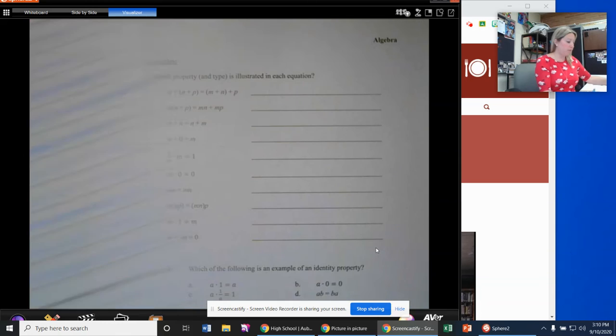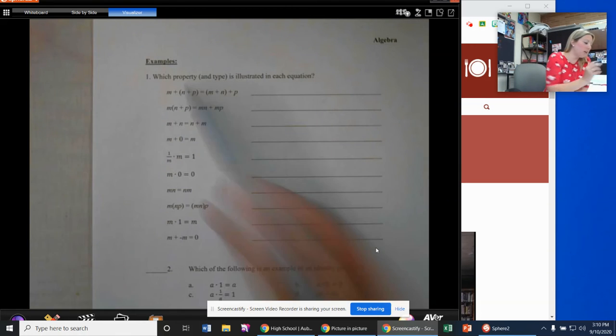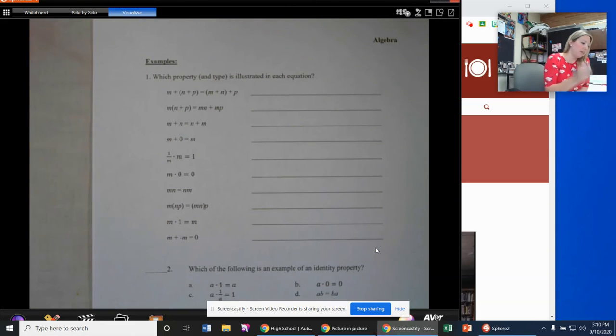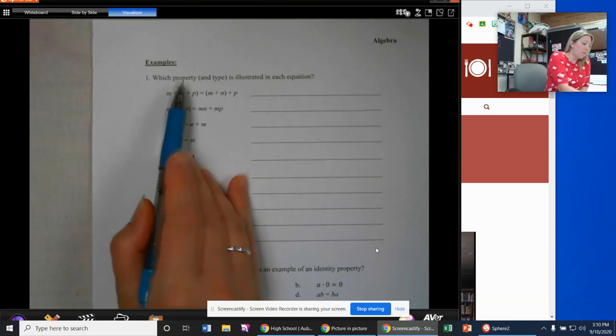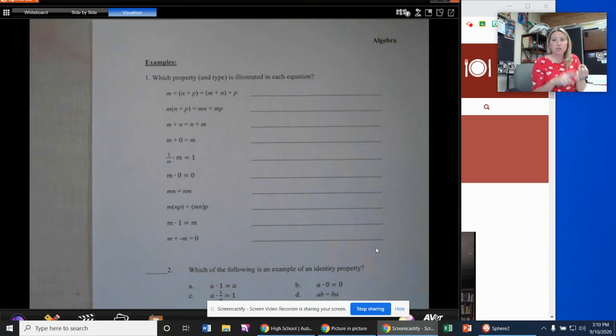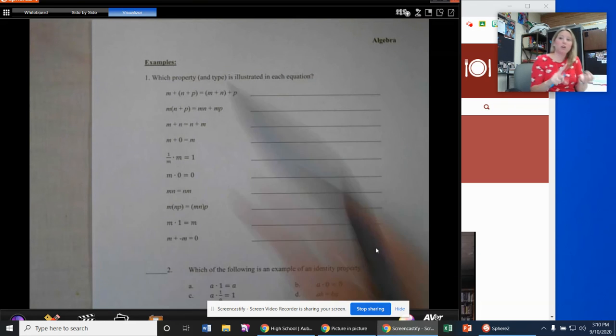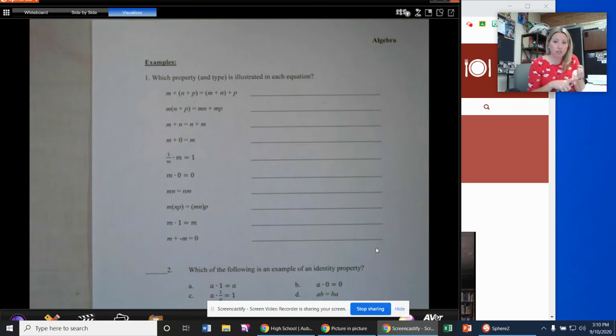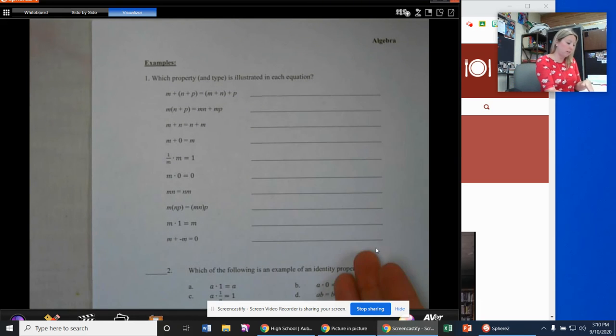We're going to say which property and type is illustrated by each equation. The property is the name, like commutative, associative, distributive. The type is of multiplication, of addition. So that's why the line is so long. I want you to use the whole name on these lines. Okay?